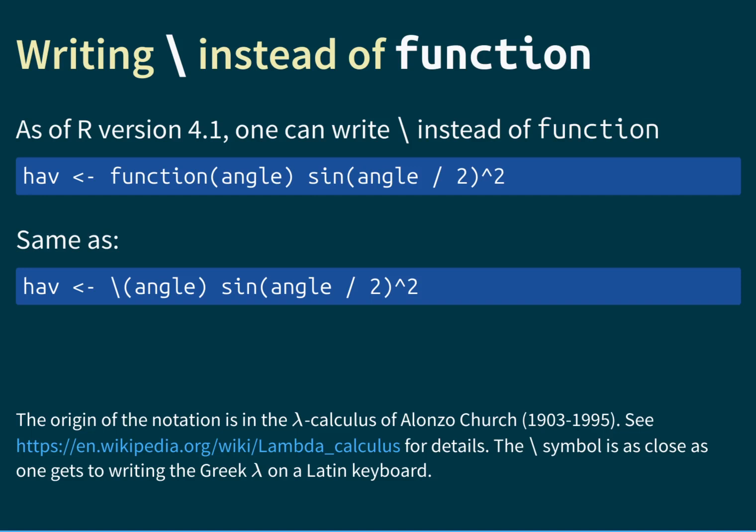If you don't want to type out the whole word function, you can just use the backslash symbol if you wish. The origin behind this notation, if you're interested, I've included a little bit of a link at the bottom of the slide. Feel free to check that out. It's not really important. I just wanted you to be aware that this is an option. You can use it, or if you don't want to use it, that's also fine. Just be aware that if you see this in code that is written by others, then you know exactly what it means.